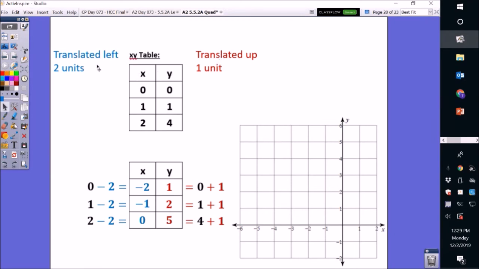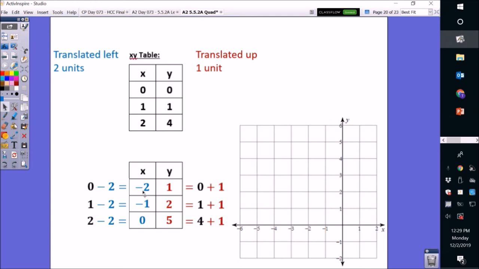Since it translated left 2 units, meaning move 2 units to the left, if I start at 0 on the graph and move 2 units to the left, 1, 2, I stop at -2. If I write this out algebraically, starting at 0 and moving left 2 units, I'm basically subtracting 2. So 0 minus 2 is -2.